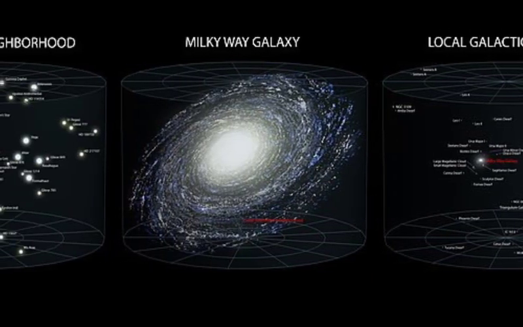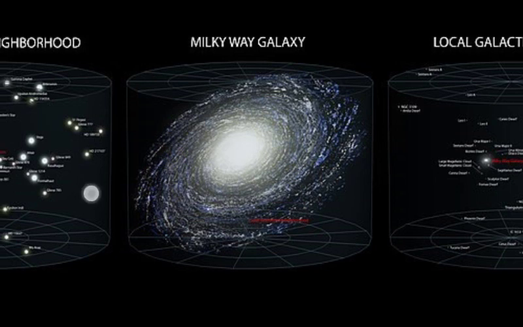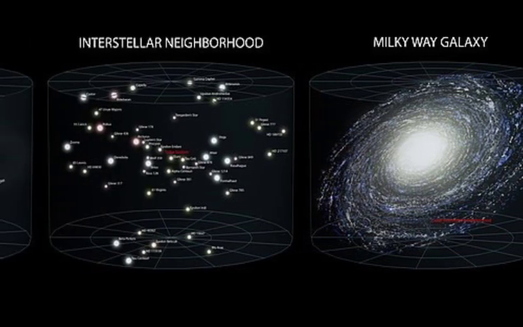Milky Way is a spiral galaxy which has mainly 4 spiral arms. And the Milky Way alone has more than 200 billion stars. And one among these, in one of the arms of the Milky Way galaxy, if we take that interstellar neighborhood, there are again so many stars, and one of these stars is our sun.